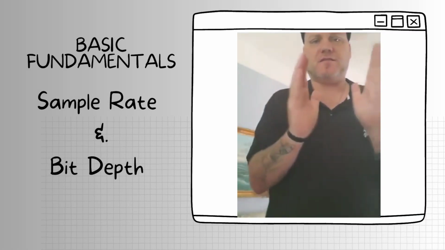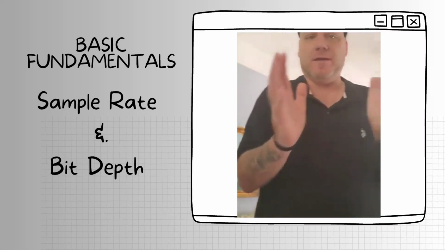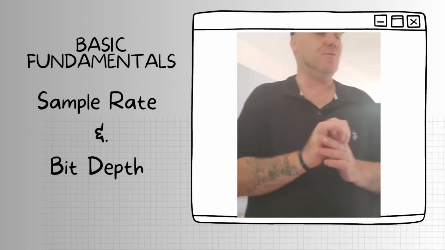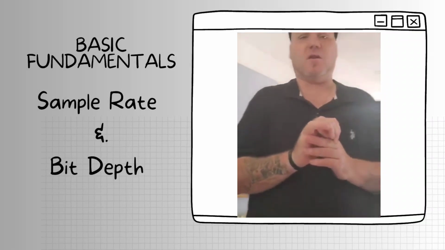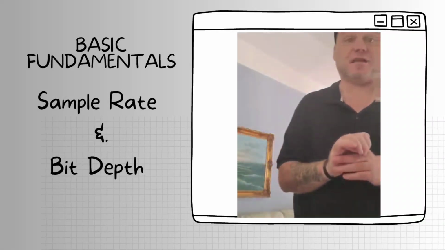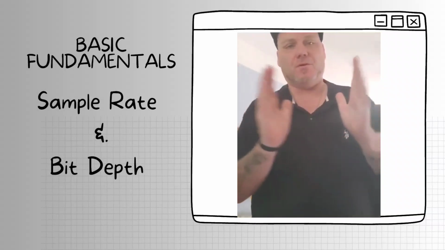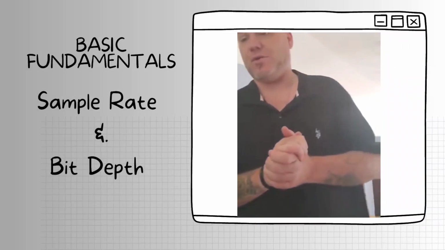So if you know you're going to be doing any time stretching for performances or audio, it's best to start off with a higher sampling rate, because it's going to sound more natural.